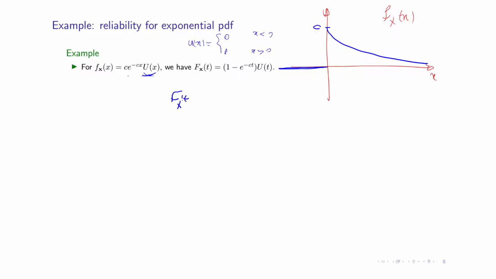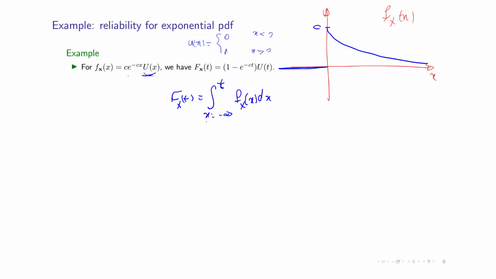Now if you calculate F(x) of t, it is equal to the integral from x equals minus infinity to time t of f(x) of x dx.